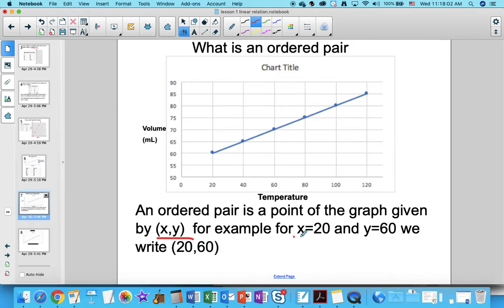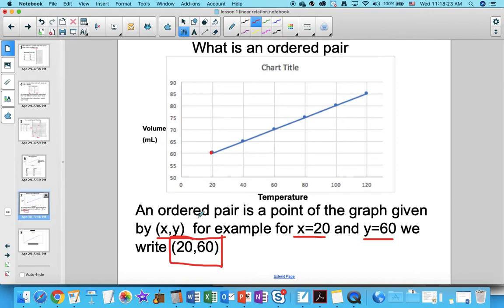For example, x is 20 and y is 60. You can write that dot as an ordered pair by writing (20, 60). And that'll give you the ordered pair for that point on the graph.